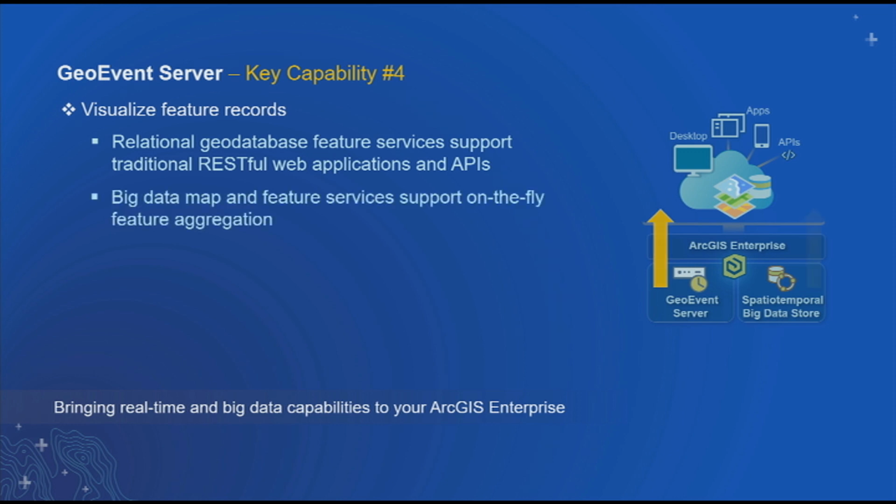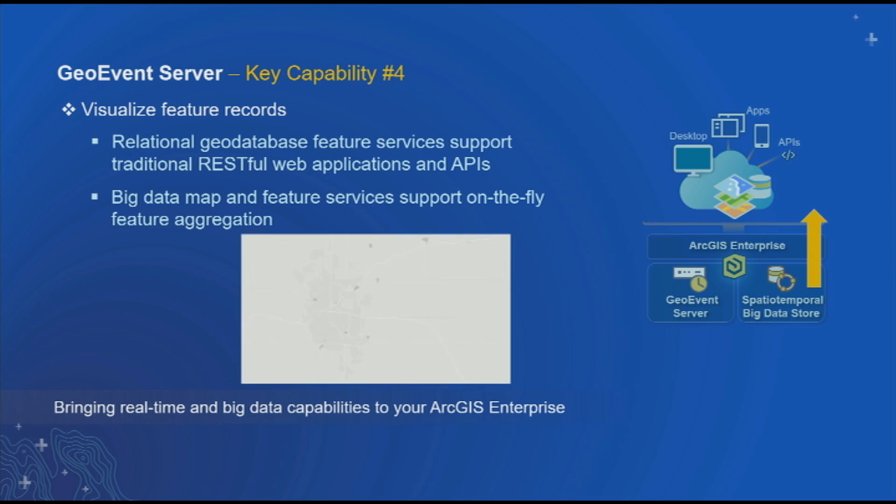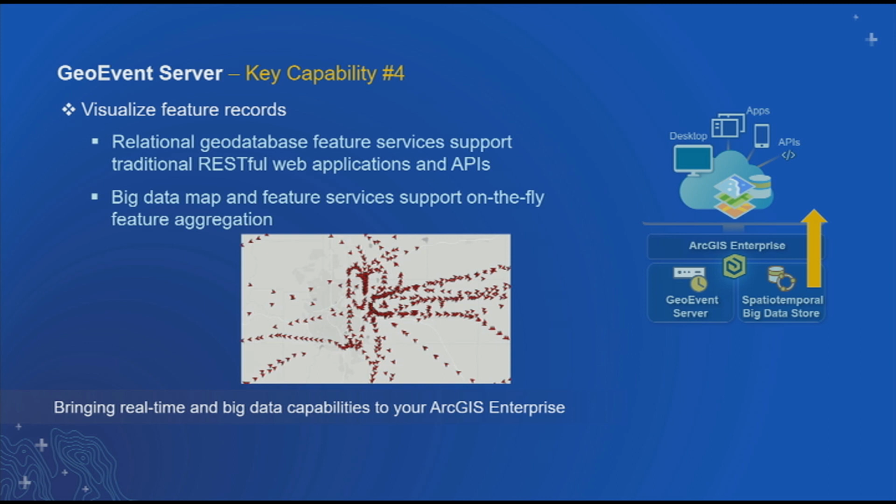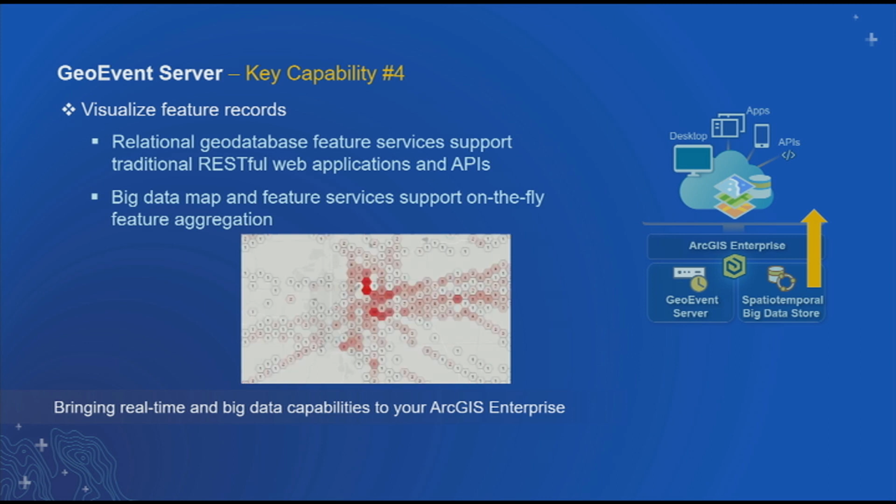So this animation that I'm going to show you in a second shows data accumulating in the big data store. As soon as we reach a configured number of events that have been added to the screen, you see it switches over to an aggregated view of the data using hexagonal bins. The bins are configurable. You can set them to display anything you want about the data.